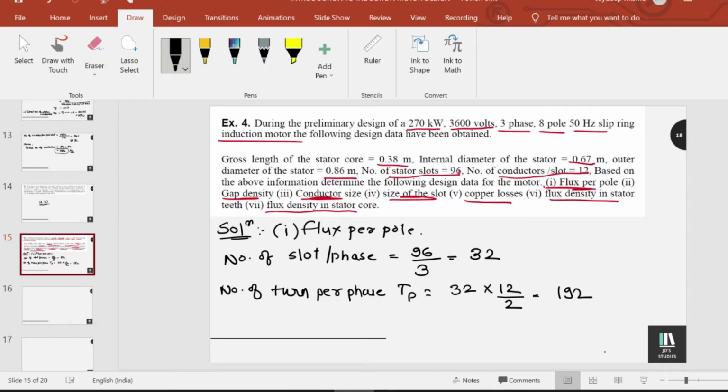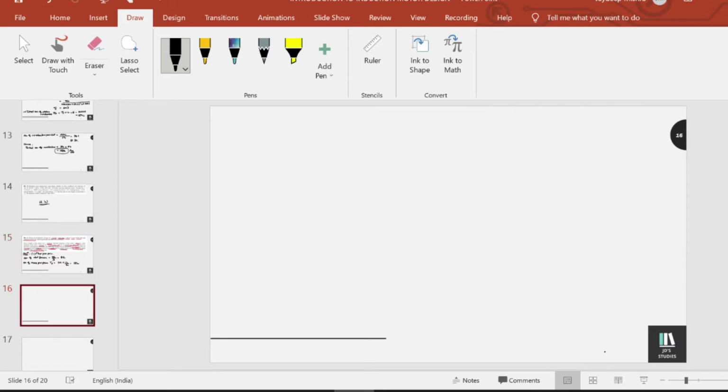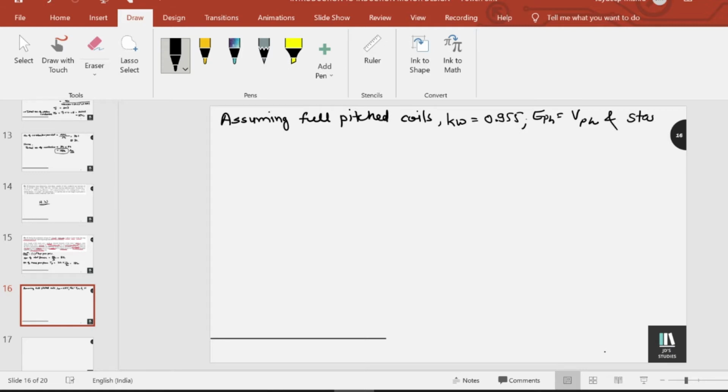Now we assume a full pitch coil. Here the winding factor is 0.955, and EPH is equal to VPH for a star connected stator winding.